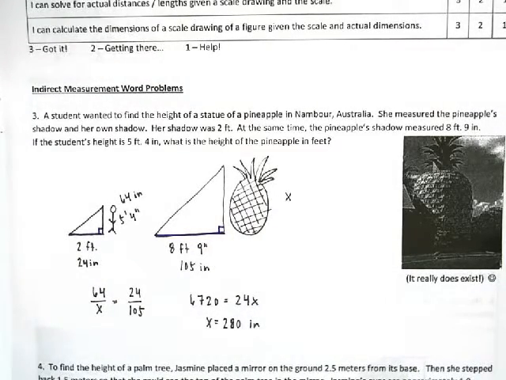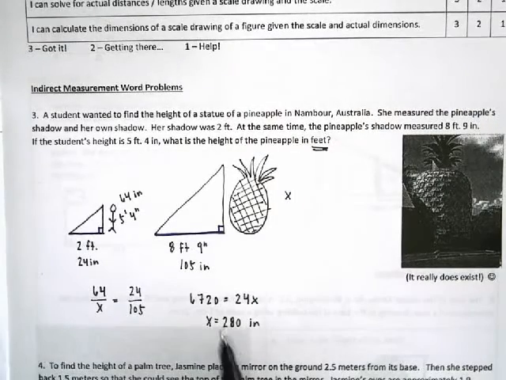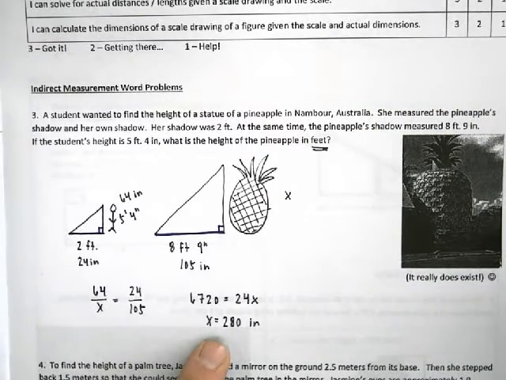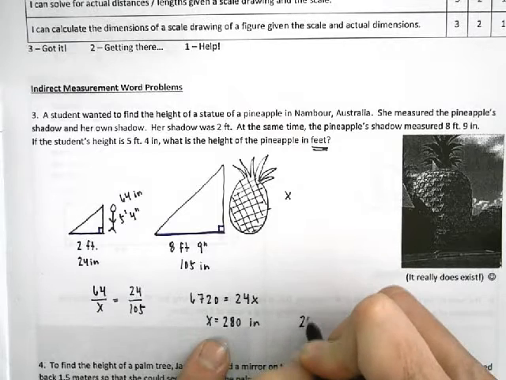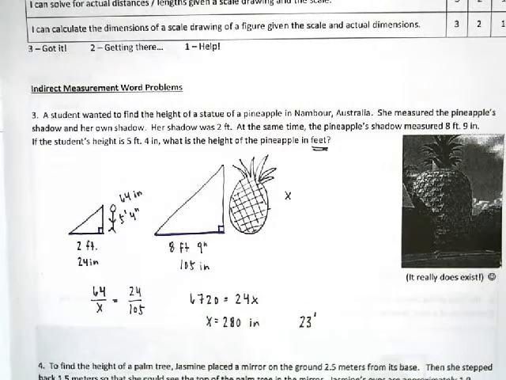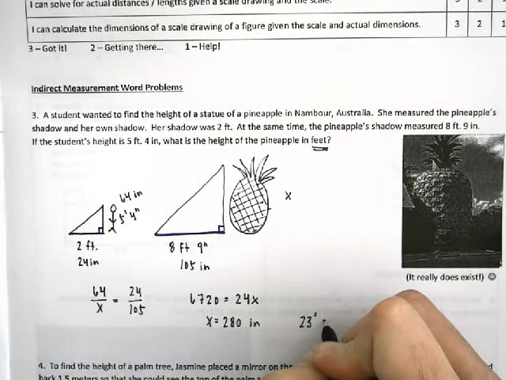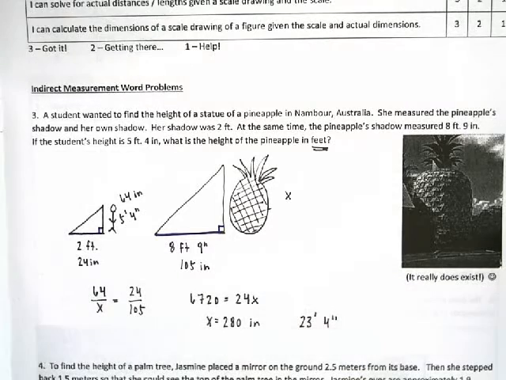Now I know the height of that pineapple in inches, but it asked for the height in feet. So I'm going to take that 280 and divide by 12. I have a whole 23 feet. Now, 23 times 12 is 276 inches, which means I have 4 inches left over.